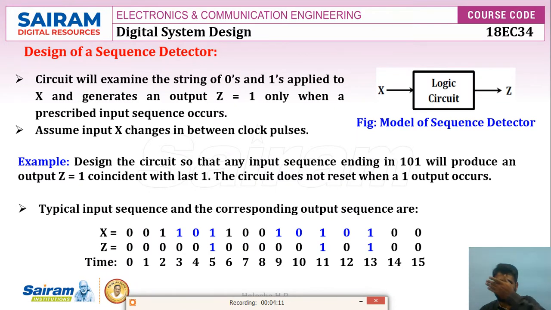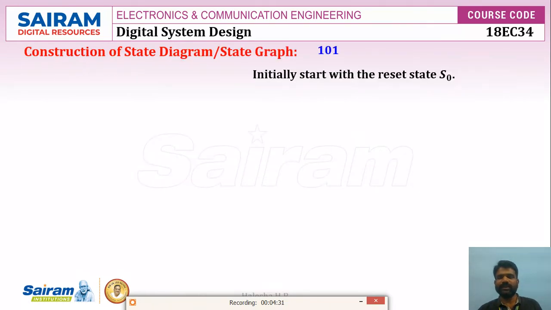Clear? And again we receive 0, output is 0, 0, output is 0. It continues like that. So the circuit produces output 1 whenever the sequence 101 occurs. Clear?